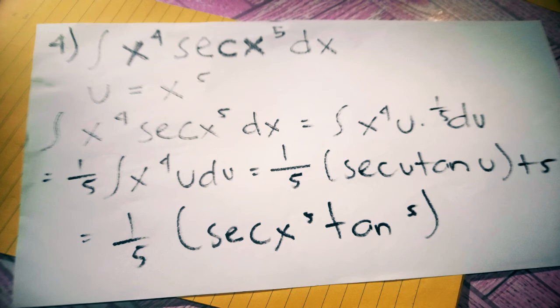The integral of x^4 sec^5 x dx equals the integral of x^4 u multiplied by 1/5 du, which is equivalent to 1/5 the integral of x^4 du, which equals 1/5 sec u plus c, which is the final answer: 1/5 sec x^5 tan x^5.